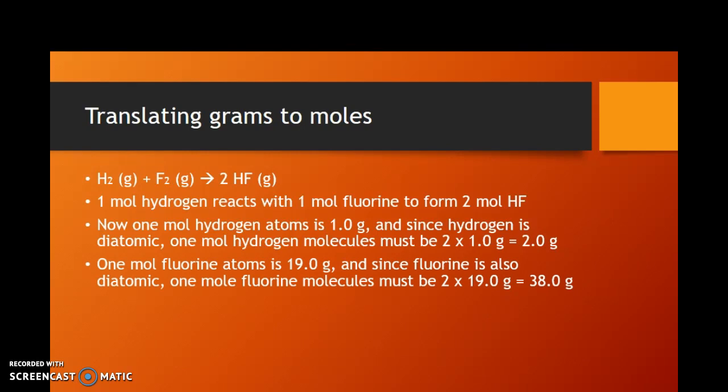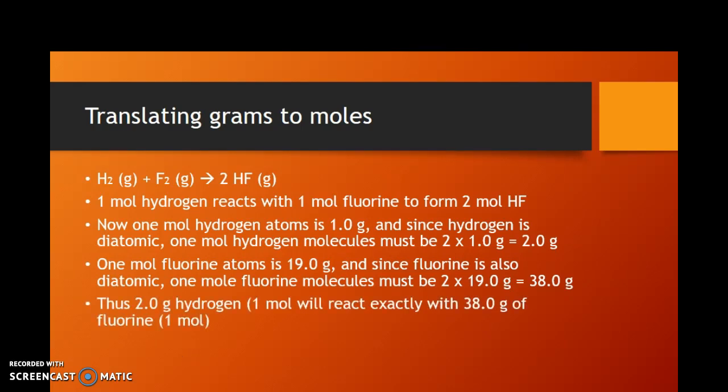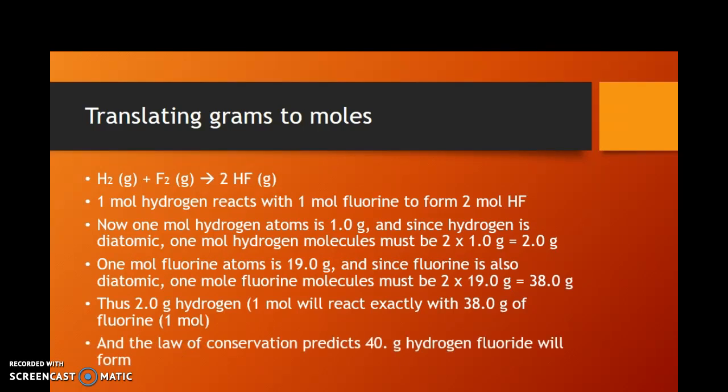Therefore, 1 mole of fluorine molecules must be twice that, or 38 grams. Thus, 2 grams of hydrogen, that's 1 mole, will react with exactly 38 grams of fluorine, 1 mole, and the law of conservation predicts that 40 grams of hydrogen fluoride will form in that reaction.